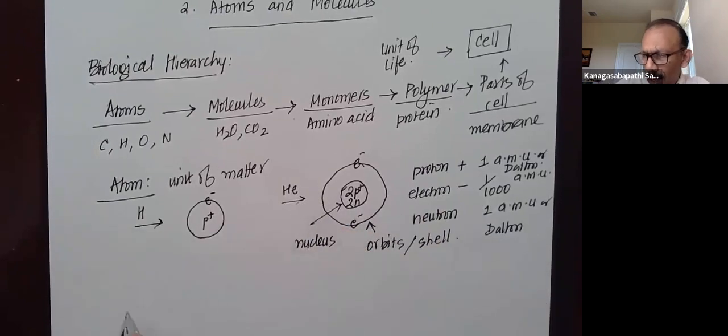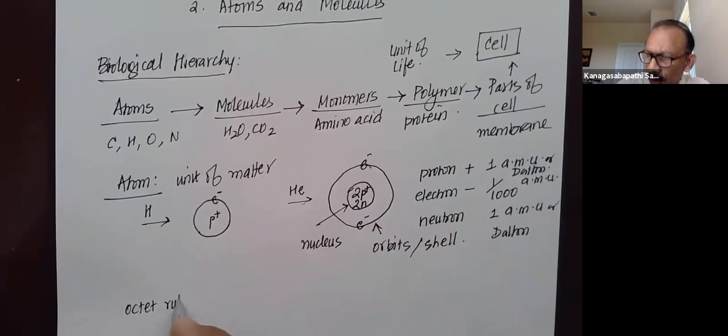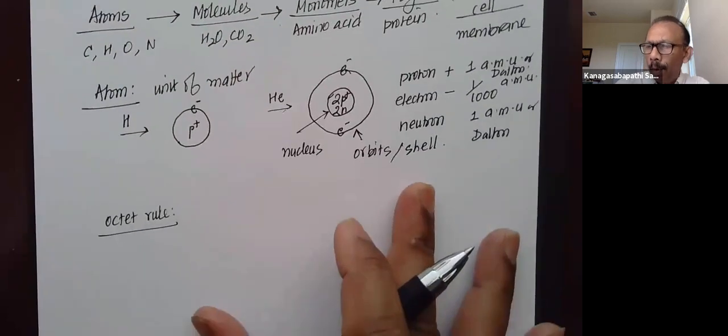So the next thing to understand is the thing called the octet rule. Okay, so this works for most of these elements in the periodic table.